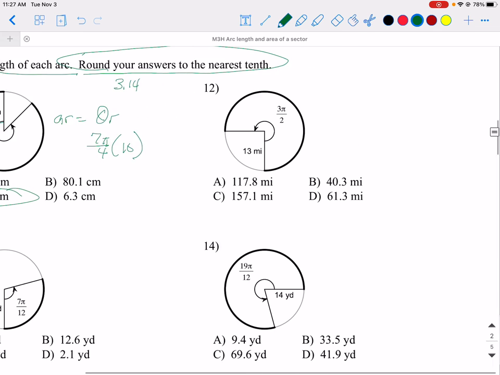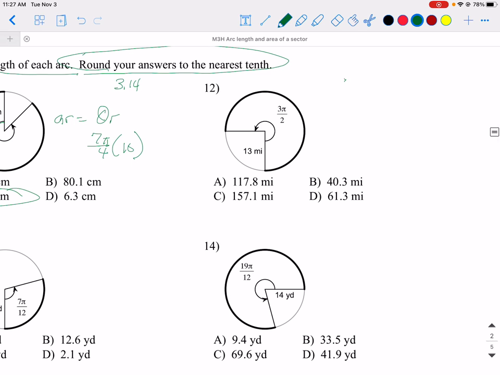Let me try another one, see if I can get this one in here right. So my arc length is theta times r. Theta is 3 pi over 2 times the radius of 13. Trying to memorize this and not looking at something, you wait till you're a grandma, you see how well you do.